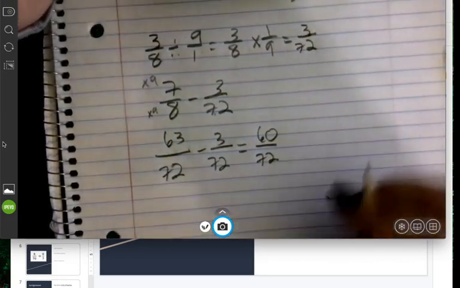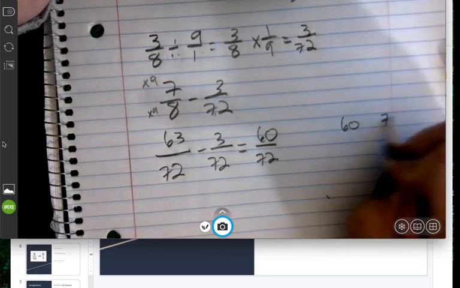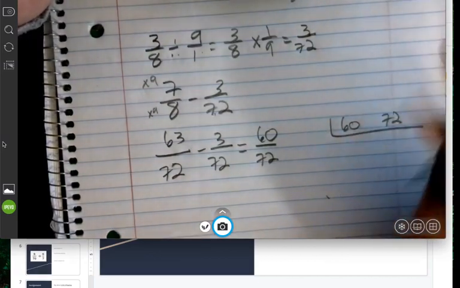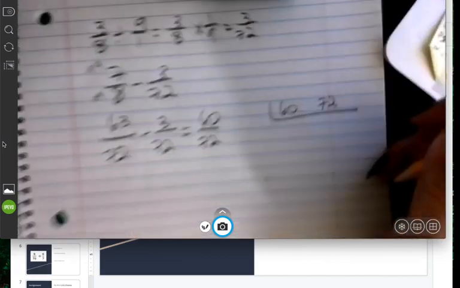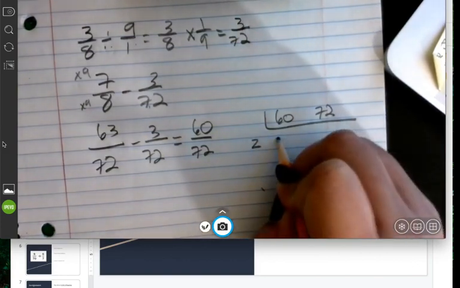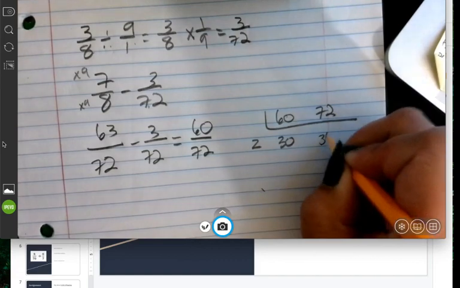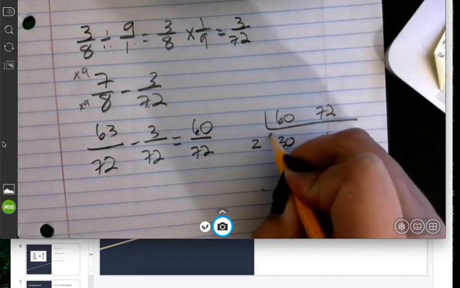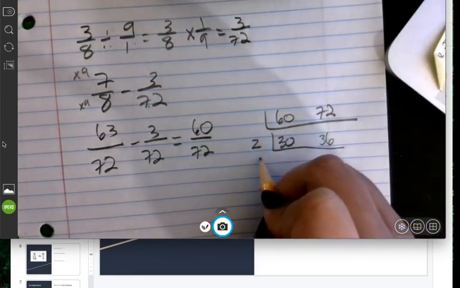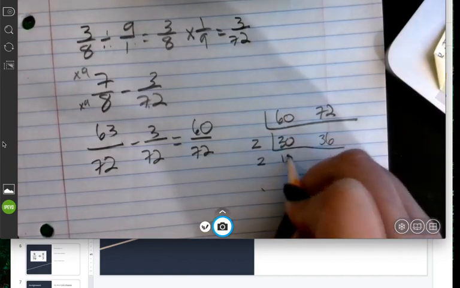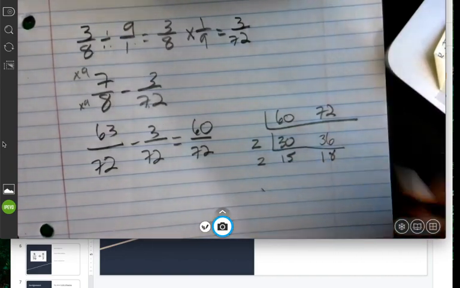So let's find that in simplest form. 60 and 72. They're both even numbers, so I can divide them by 2 to get 30, and I believe this is 36. They're both even numbers. I can do it again. 15 and 18.